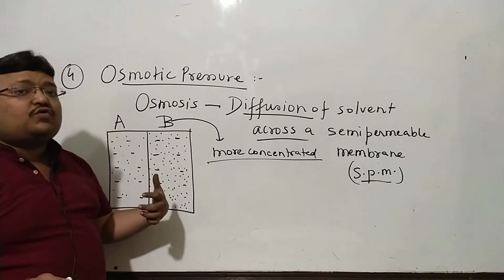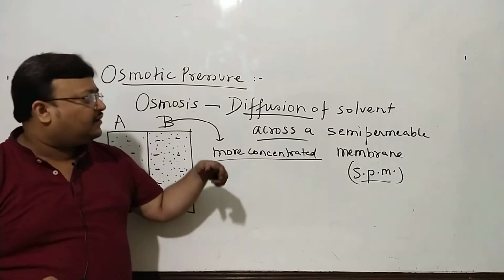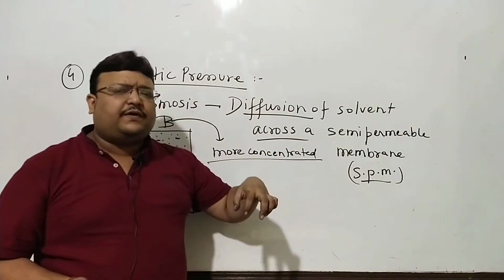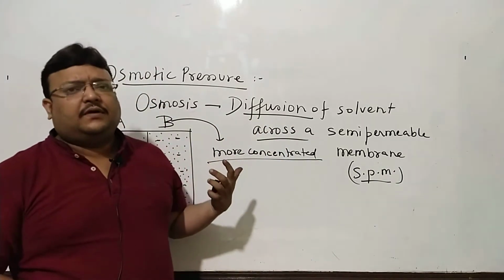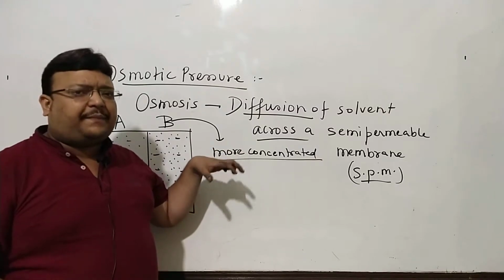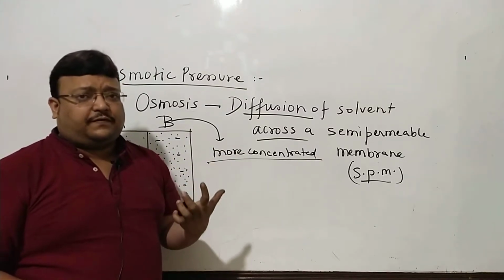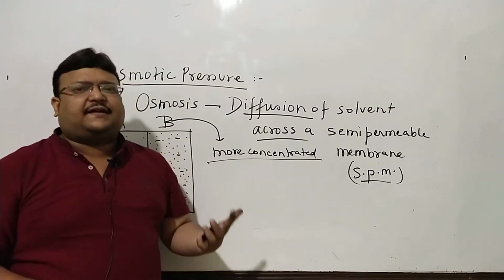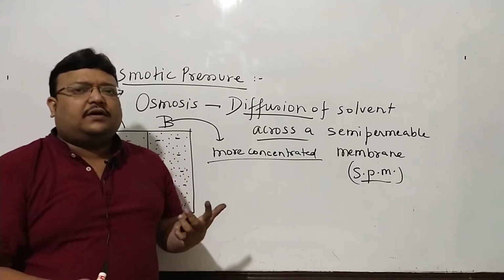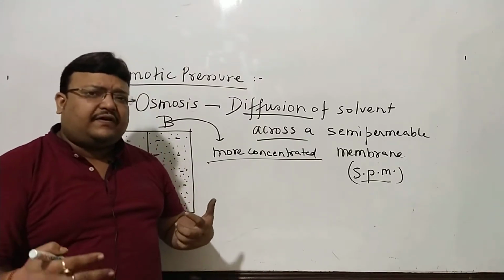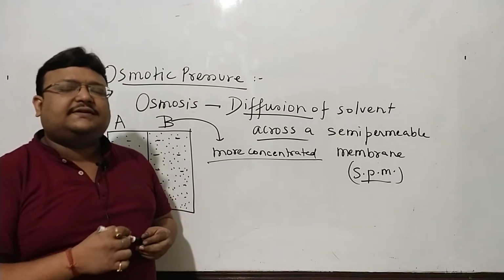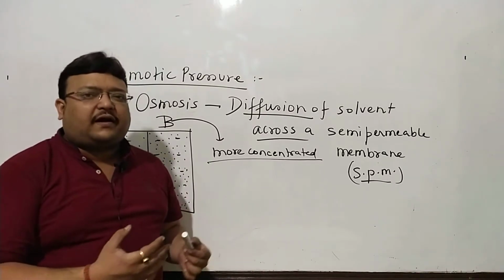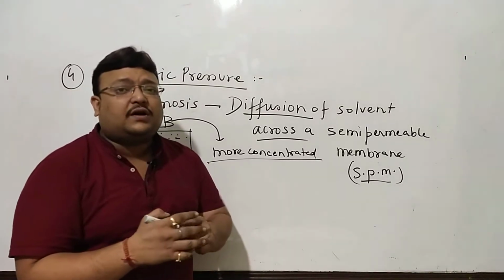If A and B are allowed to interact, recall what is diffusion. Diffusion is a natural property. I do tell you about diffusion of gases happening even against gravity. So it's a natural tendency of particles to diffuse from higher concentration to lower concentration.